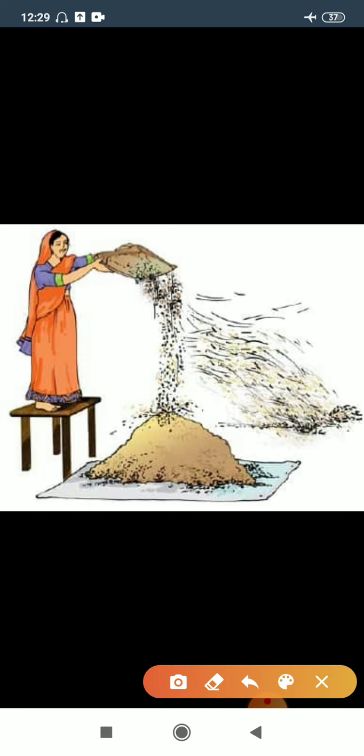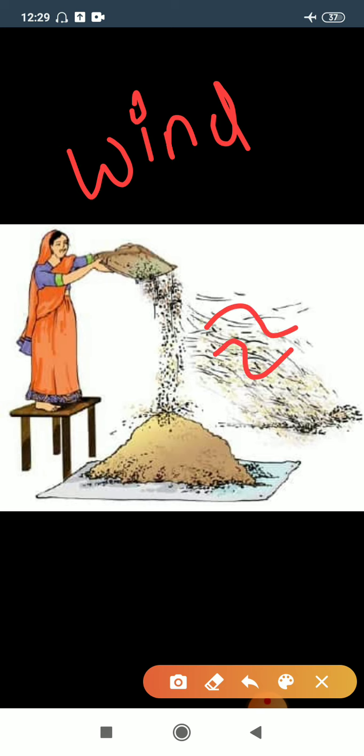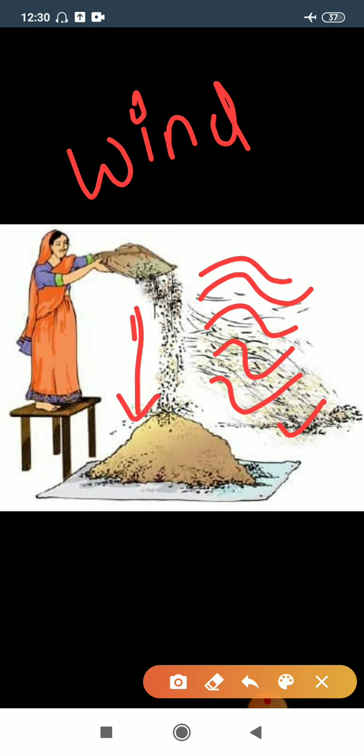So simply with the help of wind, these light husks or stalks were separated from the grain, because these husks and stalks are lighter in weight, but food grains are heavier, so they come directly on this platform.